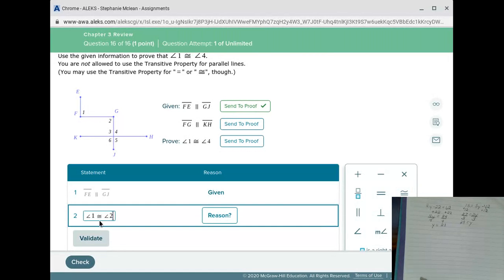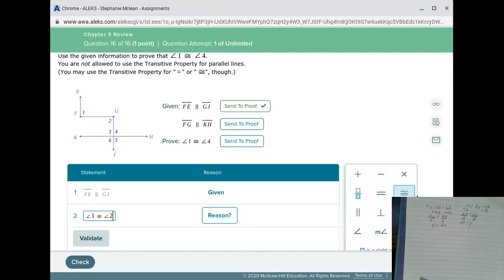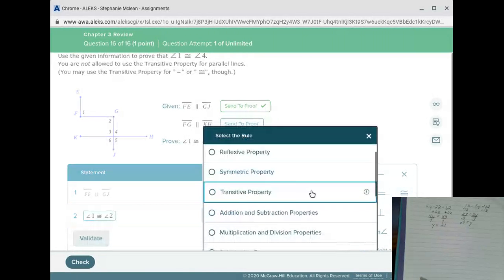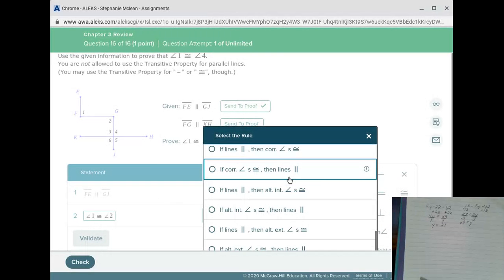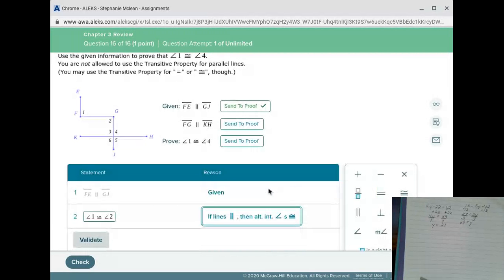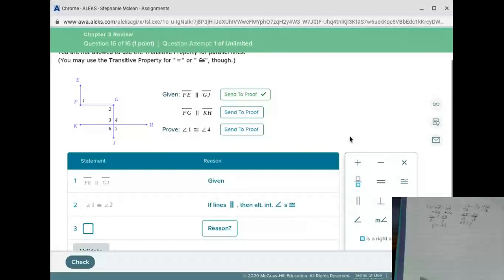Make sure you're using the congruent symbol, this one. Don't use the equal sign, because they want congruent. The reason is: if lines are parallel, then alternate interior angles are congruent. So angle 1 is congruent to angle 2.